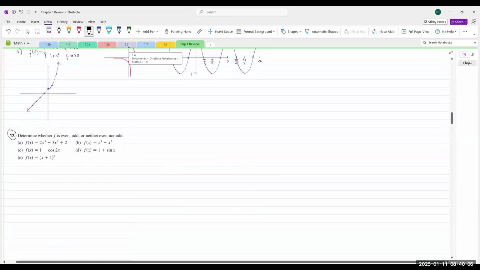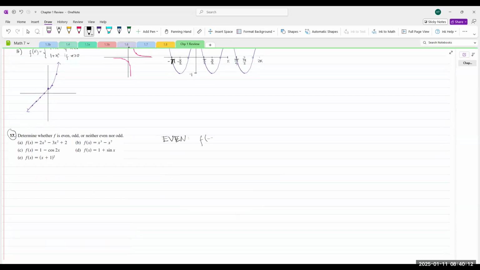A function is even means we need to show that f(negative x) equals f(x). If we reflect with respect to the y-axis, we get the original graph back. A function is odd when we reflect with respect to the y-axis, we get the opposite of the y.